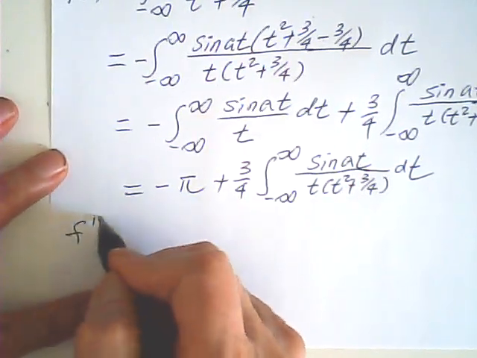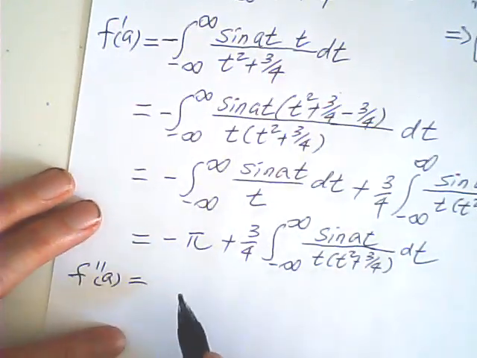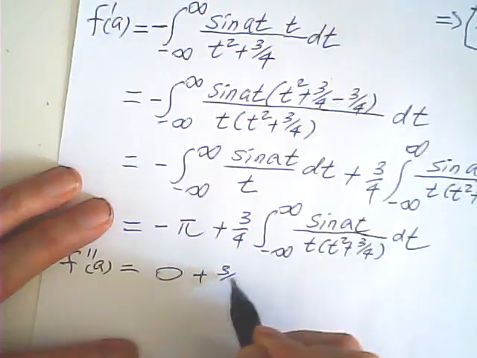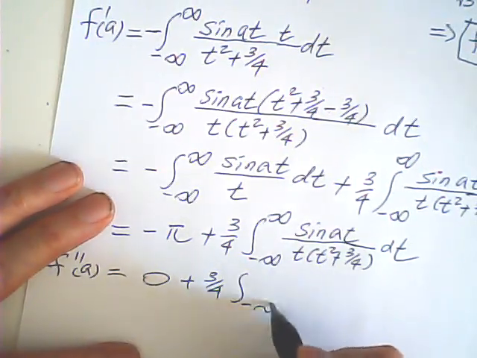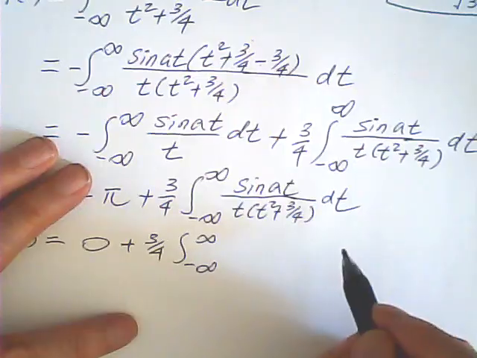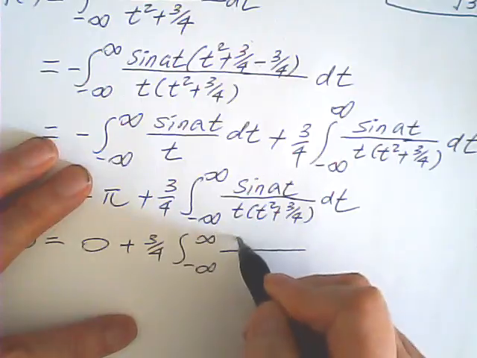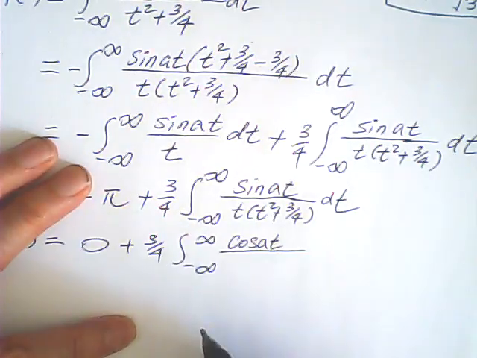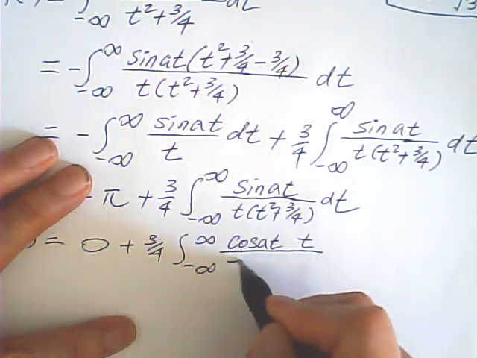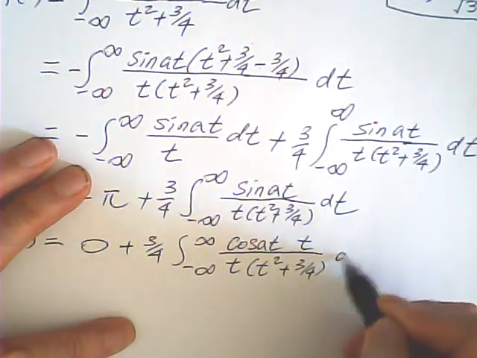Then therefore, the second derivative of f with respect to a: well, the first part will be 0, right? And we have plus 3/4 times the integral of cosine at times t, because t is a constant, times t over t squared plus 3/4 dt.